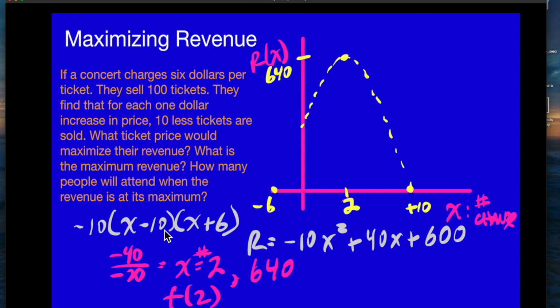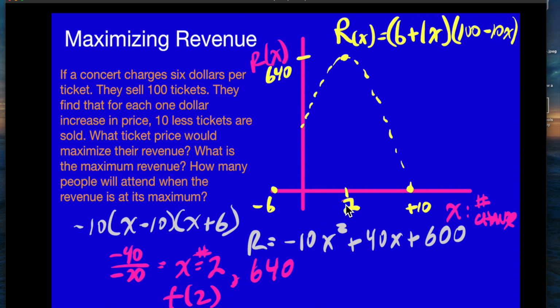Now, what does this mean? Let's rewrite the equation that we had, where the revenue as a function of x is going to be 6 plus 1x times 100 minus 10x. Here we see that when x equals 2, this revenue is going to be maximum.